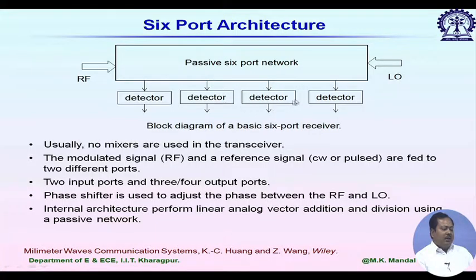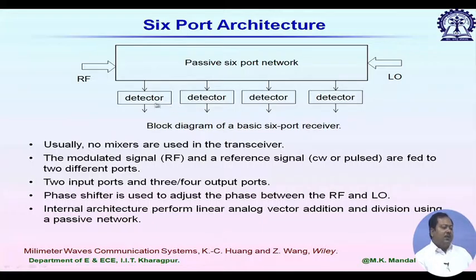In the detector diodes we need a millimeter wave diode, which will simply give you a DC voltage, and reading this DC voltage, we can determine the magnitude and phase of the incoming RF with respect to the local oscillator signal.